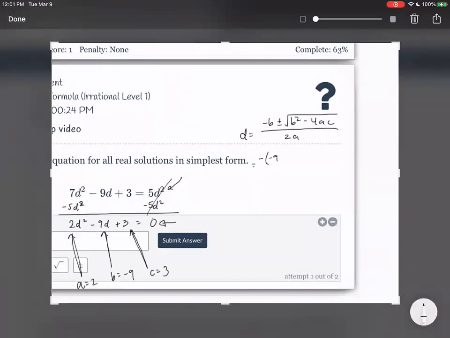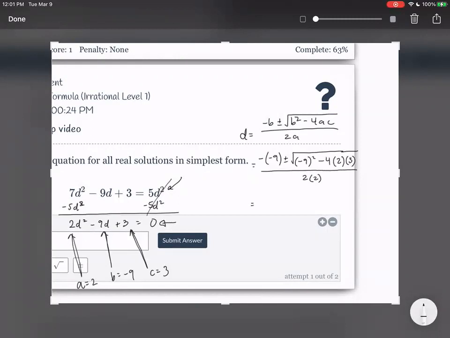Negative of negative 9 plus or minus the square root of negative 9 squared minus 4 times A, which is 2, times C, which is 3, all over 2 times A, which is 2. Okay.